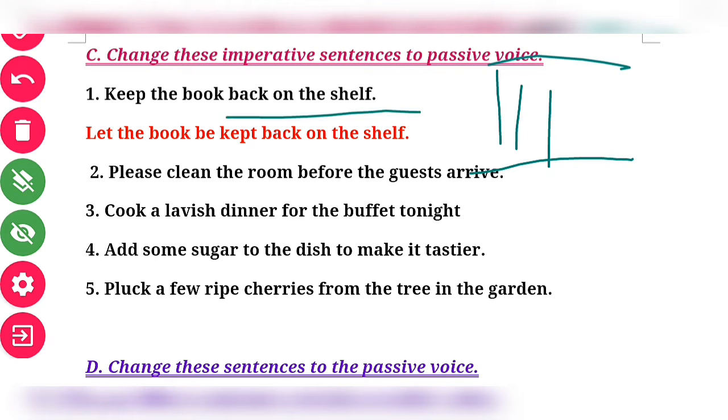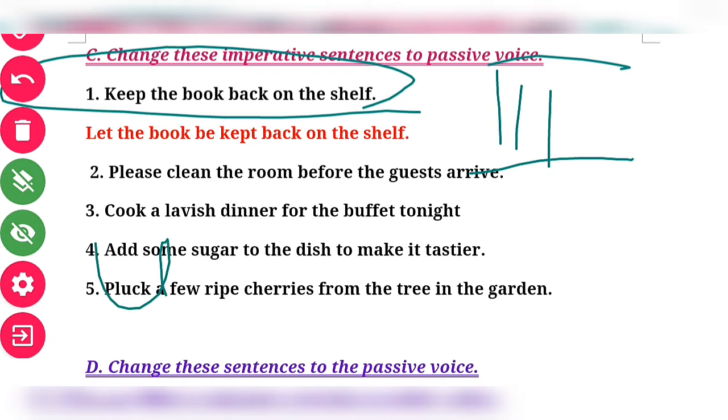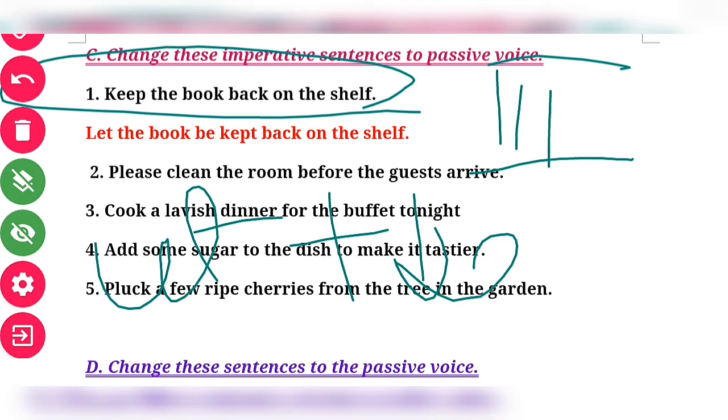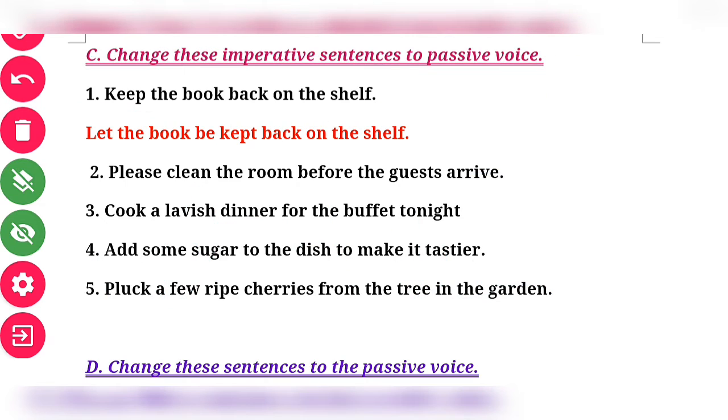First of all, you have to recognize that if the sentence is given in imperative form, you have to use the let plus be structure for making passive voice. So let the book, see the book is the subject, just after the subject we will use be. So let the book be kept back on the shelf.